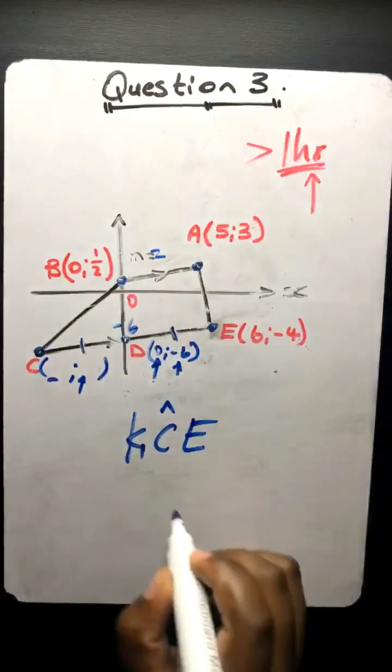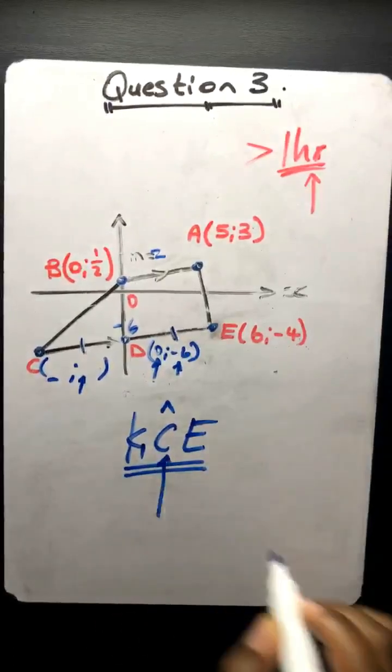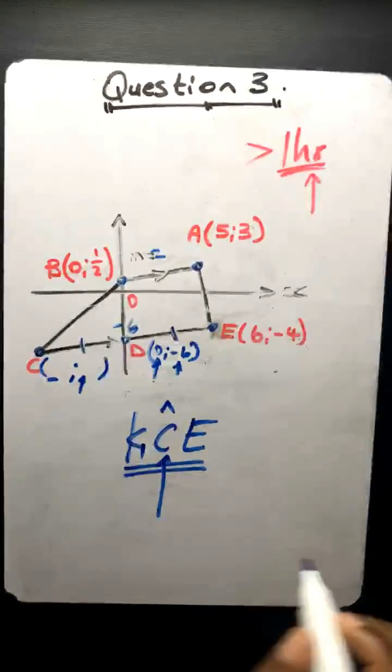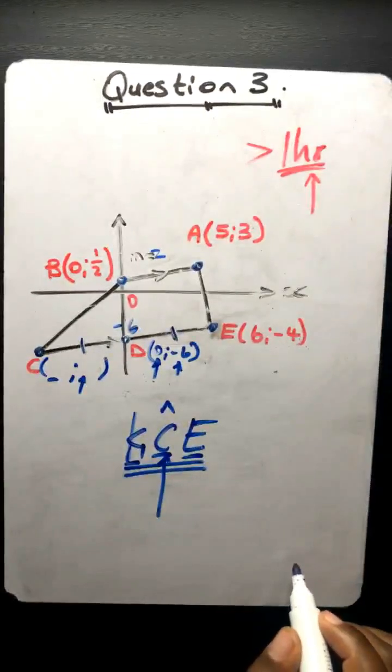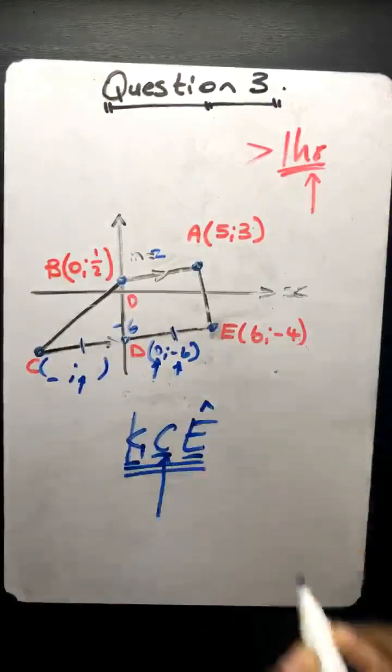If something is written like this, they are referring to an angle of C in the triangle having these three letters. It will never be written in that way where they are referring to that angle there.